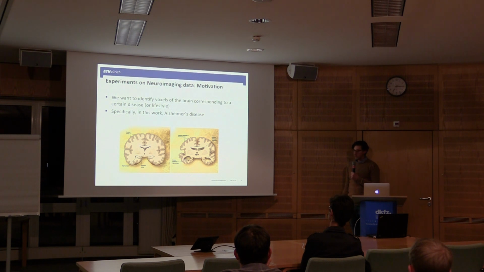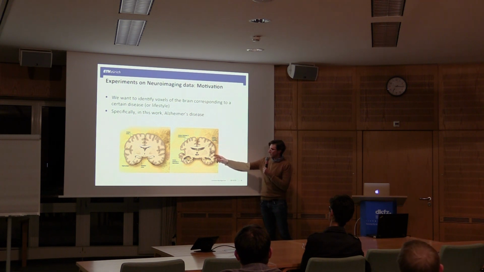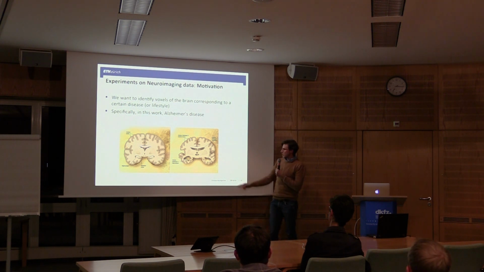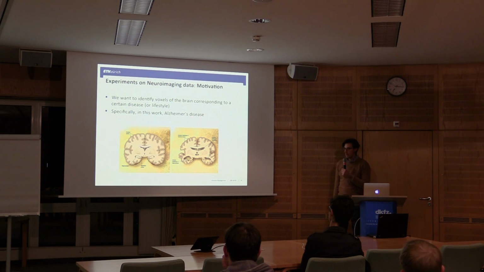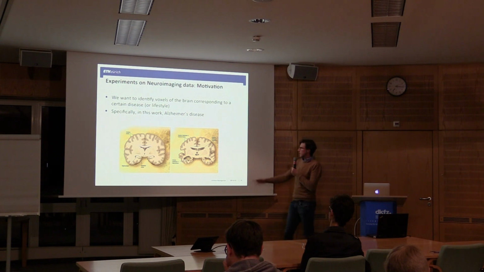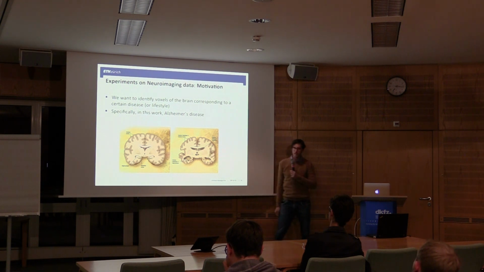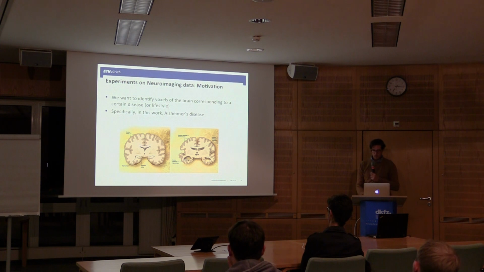Alzheimer's disease, you may be familiar with, is a neurodegenerative disease that happens to many people in the later stages of life, which causes atrophies in different brain regions. Especially the hippocampus shrinks a lot, which is the region required for memory and for navigation skills and things like this. But you can also see other parts, like here and around the ventricles, shrink a lot.